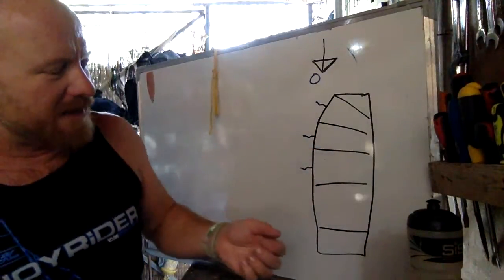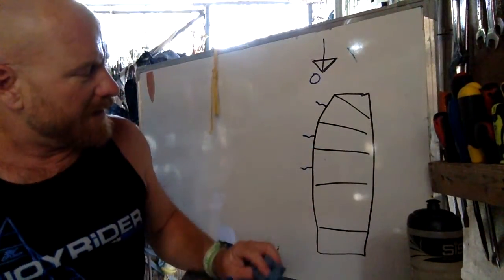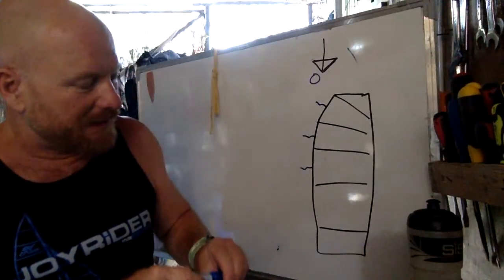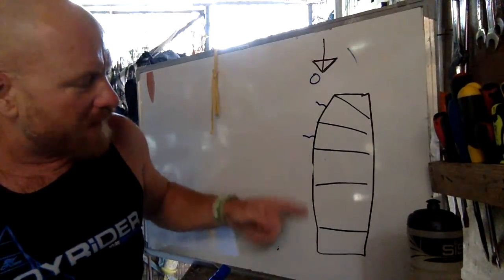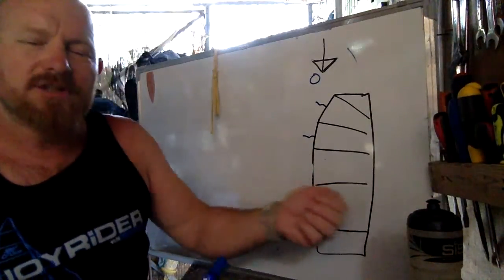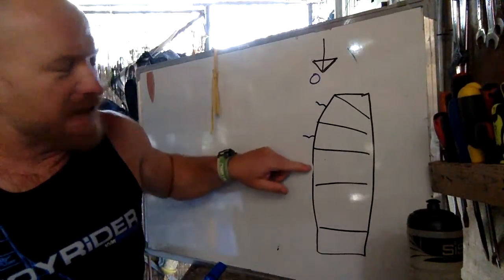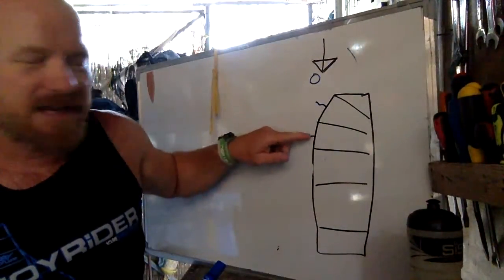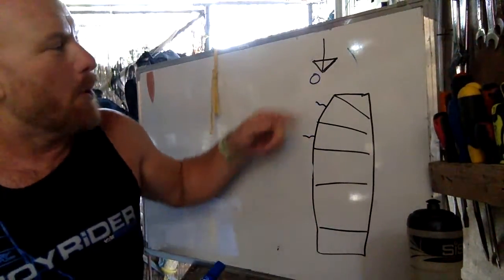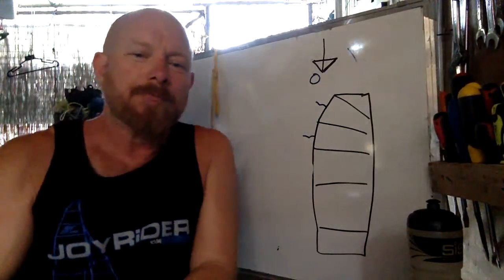So as you sheet the sail in, in theory the lowest one should disappear first, because it's more directly linked to the main sheet. So as you pull the main sheet in, you'll see that bottom one disappear. If you sheet it in more, the next one would disappear. Sheet it in more, the top one would disappear.